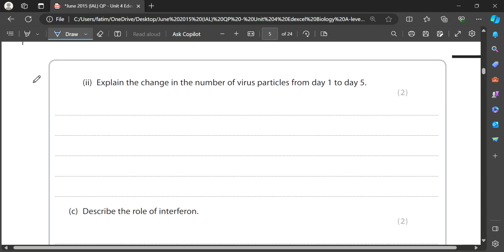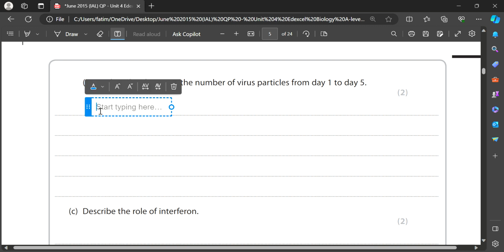So for here, I will write that more host cells are getting destroyed because the viruses are attacking host cells, multiplying, and using its material. Whatever they have, the cell wall, they're just using it. The cell bursts, it gets destroyed, and so more host cells are getting destroyed.